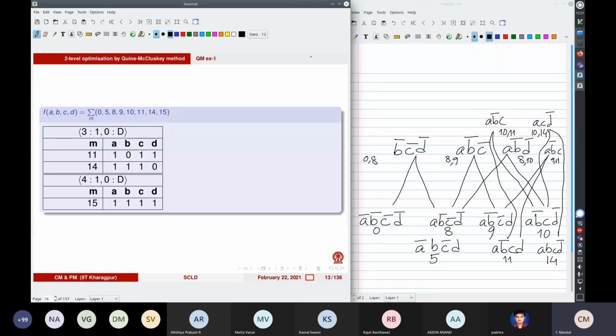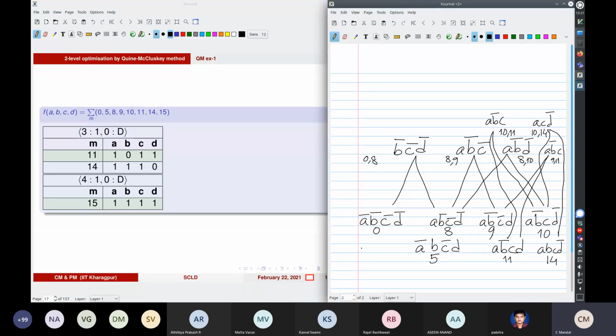Okay, that is ABCD. So let us write that down here. ABC. This is all ones. So this one is adjacent to 11, as you can see.